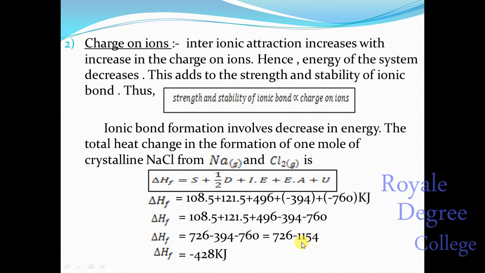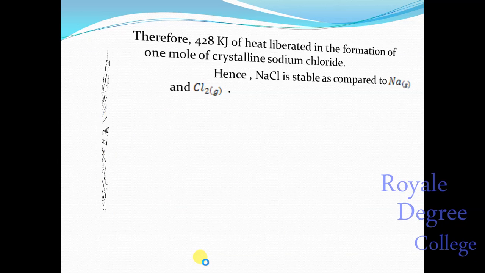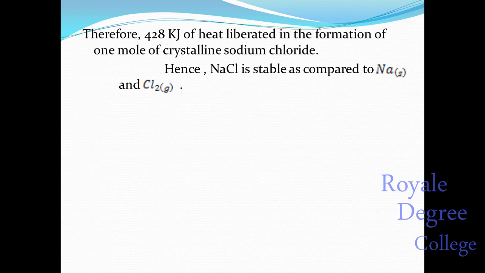Now 726 minus 1154, so you will get the value as minus 428 kilojoules. Therefore, 428 kilojoules of heat is liberated in the formation of 1 mole of crystalline sodium chloride. Hence, sodium chloride is stable as compared to Na in the form of solid and chlorine in the form of gas.